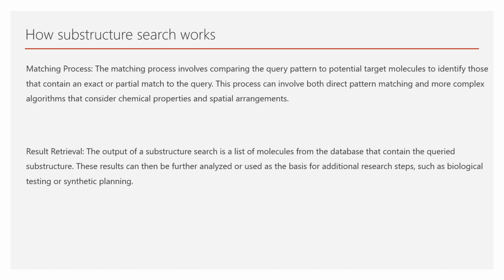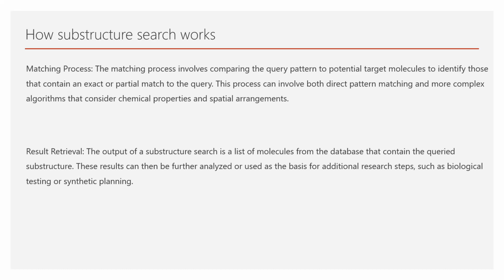The process can involve both direct pattern matching and more complex algorithms that consider chemical properties and spatial arrangement. After that we get result retrieval. The output of the substructure search is a list of molecules from the database that contain the queried substructure.